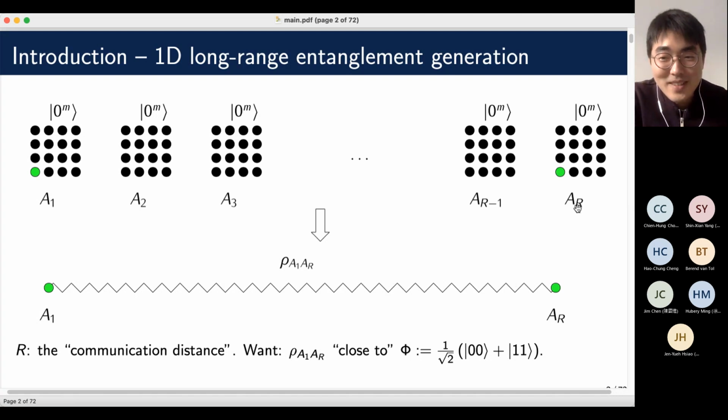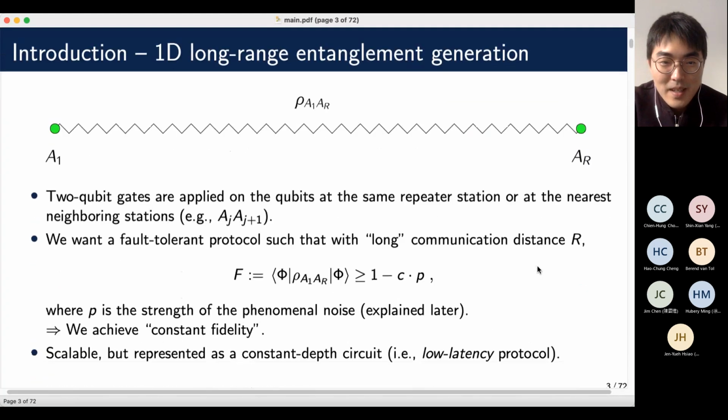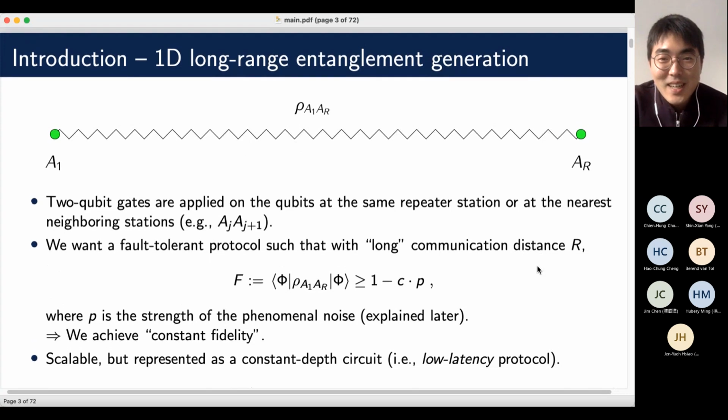And I will call R the communication distance because one natural application for this is using this Bell pair for, for example, teleportation.